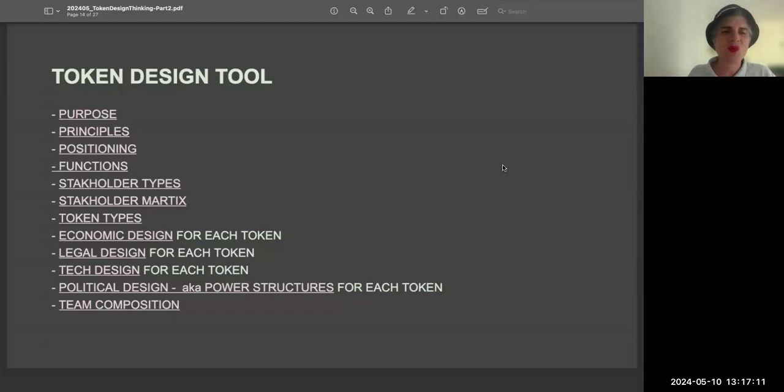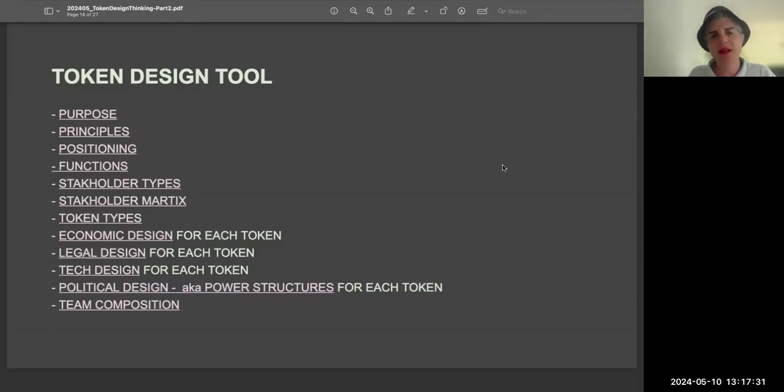Once we understand our purpose, the political principles, the positioning, the functions, and the involved stakeholders, it's only then that we look at which tokens we need to incentivize the stakeholders to contribute to the collective goal.